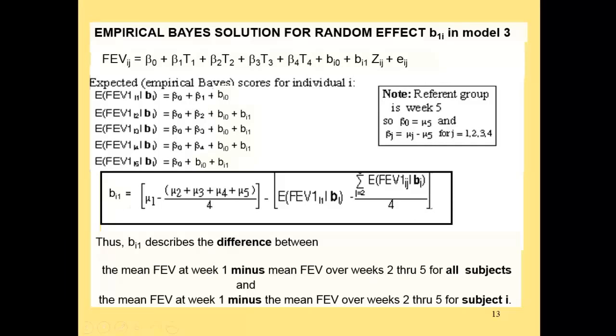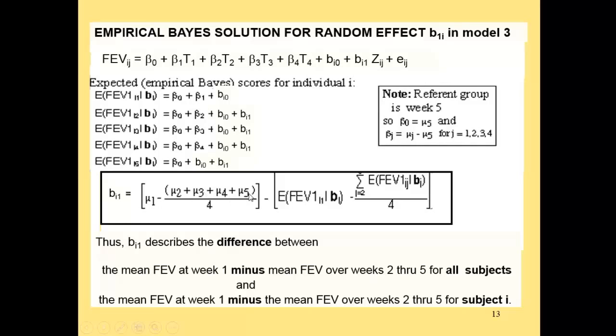This looks like a mess, but let me translate for you what this equation in the box here means. Okay? The first term. Let's focus on the first term here. What is that? Can anybody tell me what that first term is in plain English? That's right. It's the overall average for week 1. The difference between the overall average for week 1 and the mean for weeks 2, 3, 4, and 5.